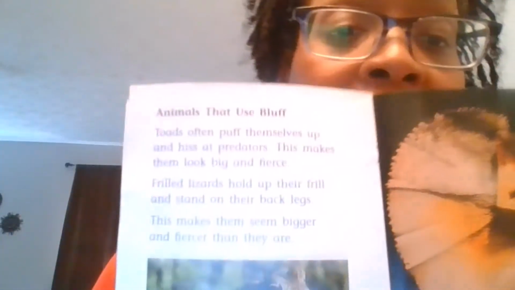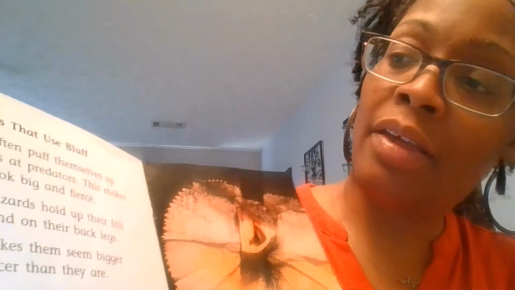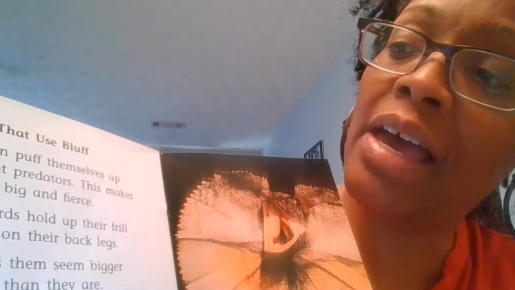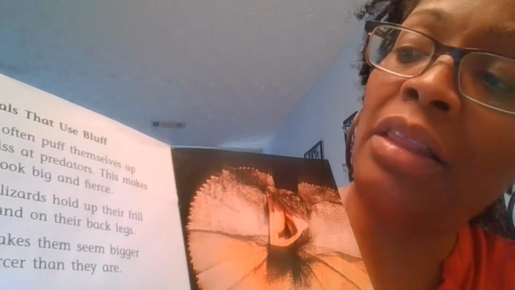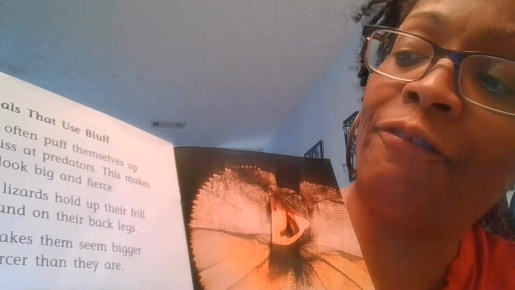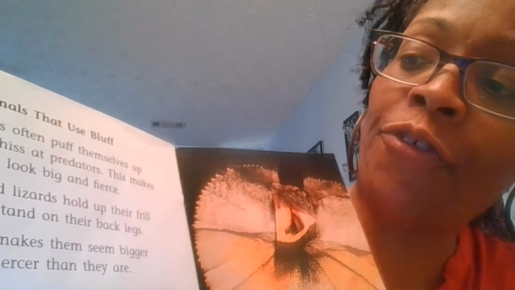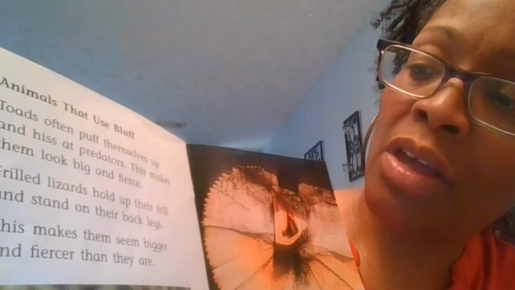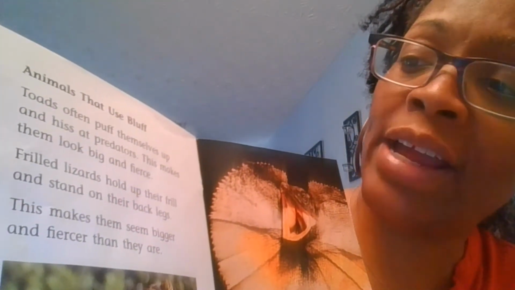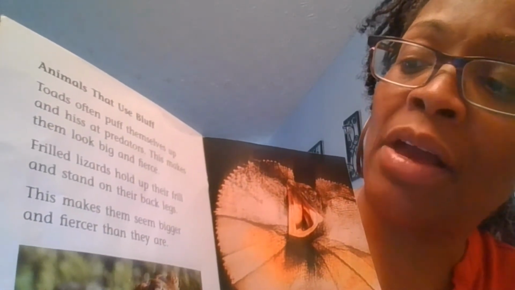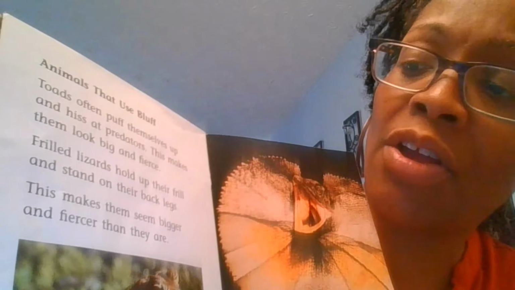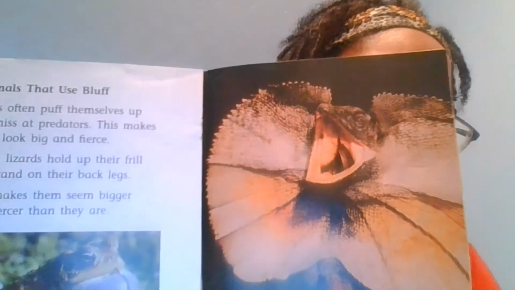Animals that use bluff. Toads often puff themselves up and hiss at predators. This makes them look big and fierce. Frilled lizards hold their frills and stand on their back legs. This makes them seem bigger and fiercer than they are.